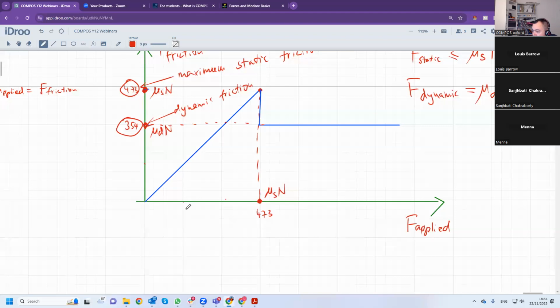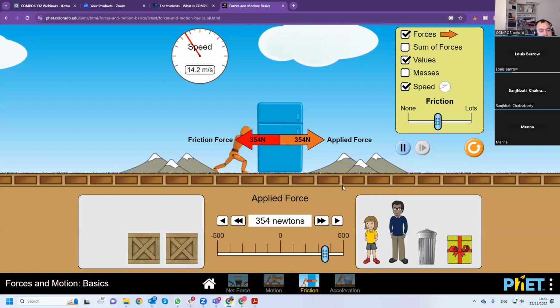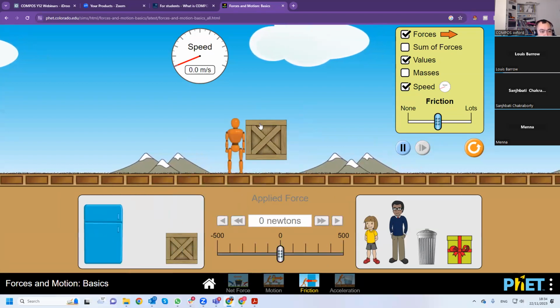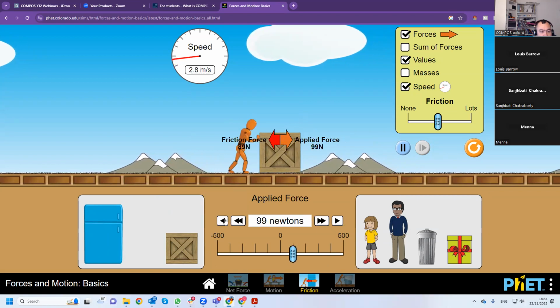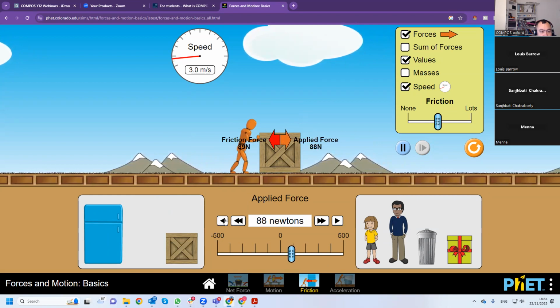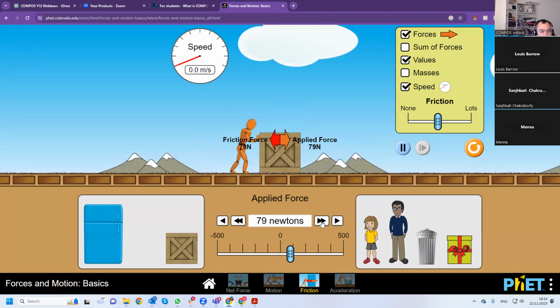Does the greater applied force come from where one has to apply a greater force to accelerate the object? It's not because of that, no. It's just the friction. Look, let's take a box. The applied force is 79.